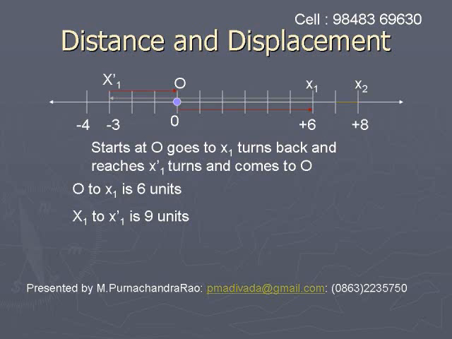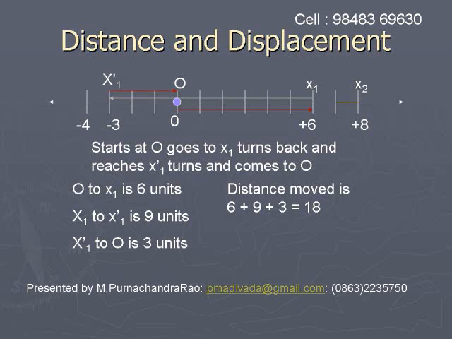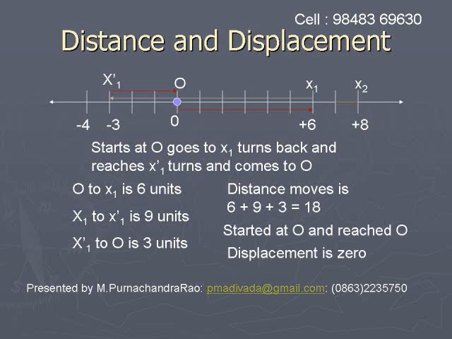From x1 to x1 prime, it is 9 units. From x1 prime to O is 3 units. So the total distance travelled is 6 plus 9 plus 3, that is equal to 18 units. It has started at O and reached O.